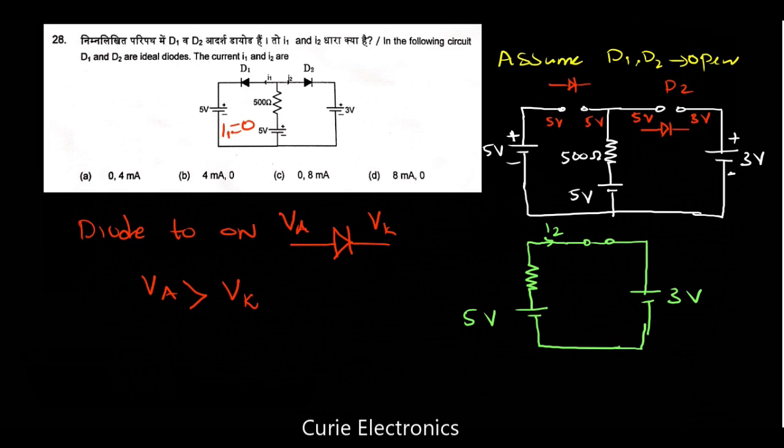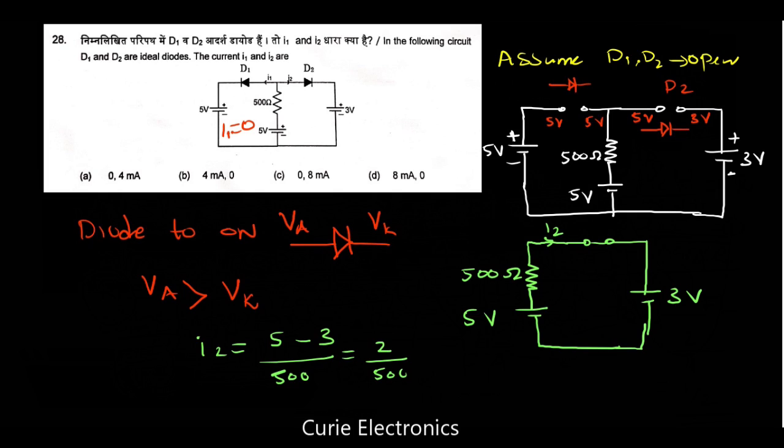Now this circuit has 500 ohm. Now all of you are good in calculating this. We can apply KVL. That means I2 equals (5 minus 3) upon 500 ohm. What will come? It is 2 upon 500.